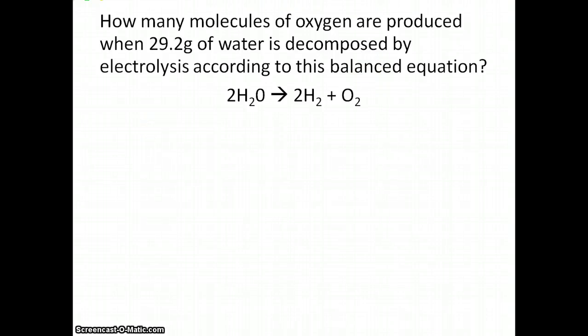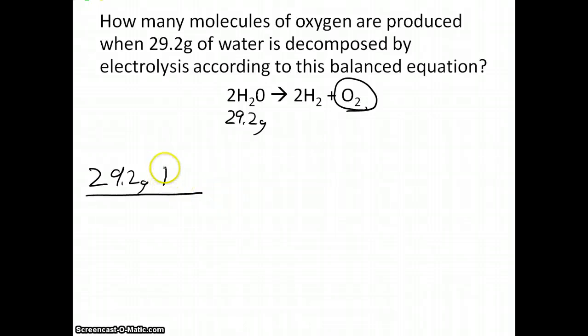Let's see, we don't necessarily need our mole map here. To start off, we have 29.2 grams of water, and we want to know how many molecules of oxygen are produced. So we start with 29.2 grams of H2O.